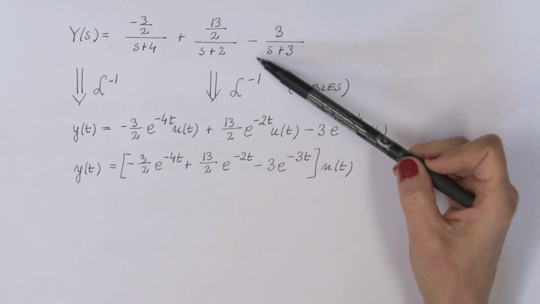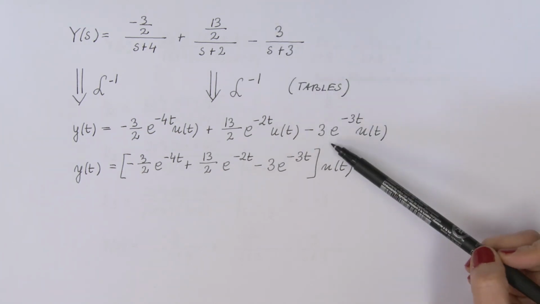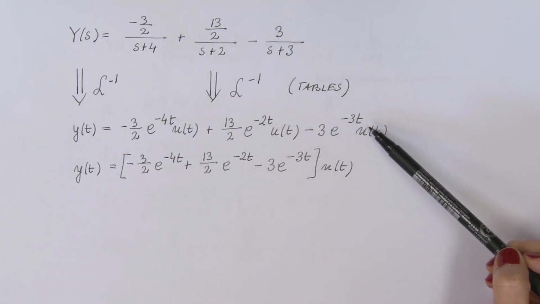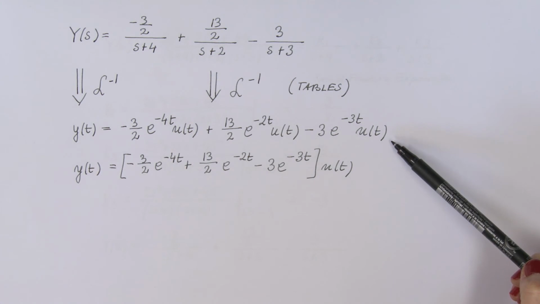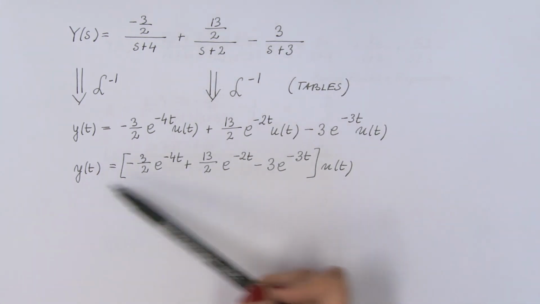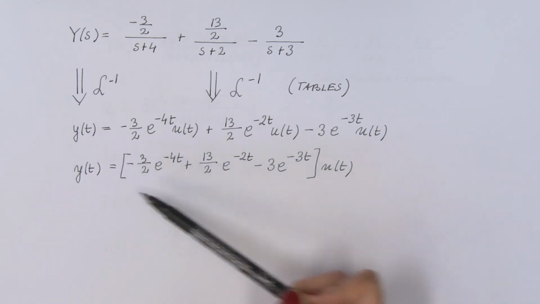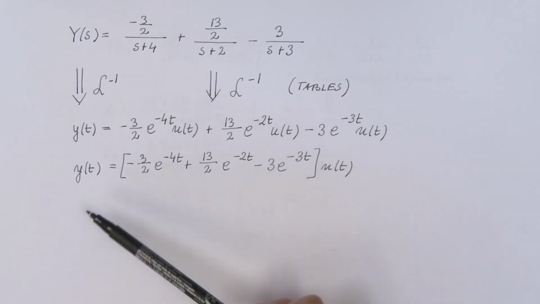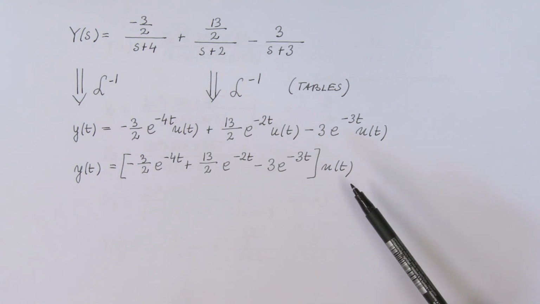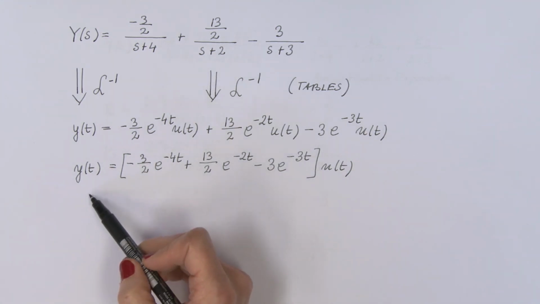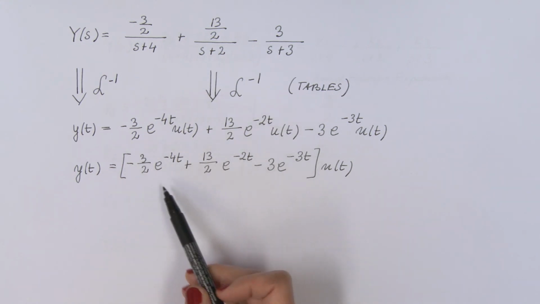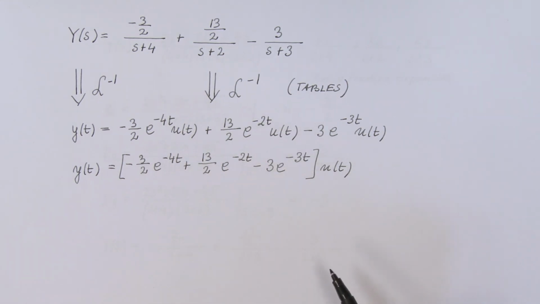And the inverse Laplace transform of the last term is -3 e to the -3t u of t. Okay, and in the final step, I'll just take the u of t out of the bracket, and we can say that this is our final solution. We have found the solution of our differential equation. It is a function of time, which is given in this form.